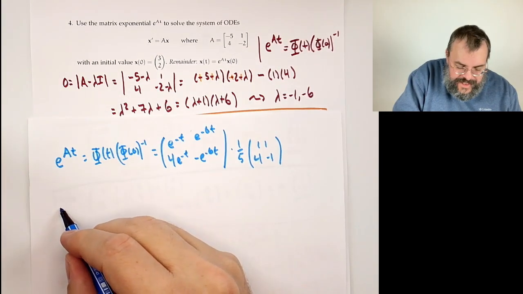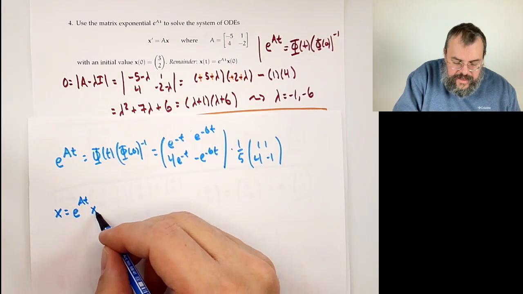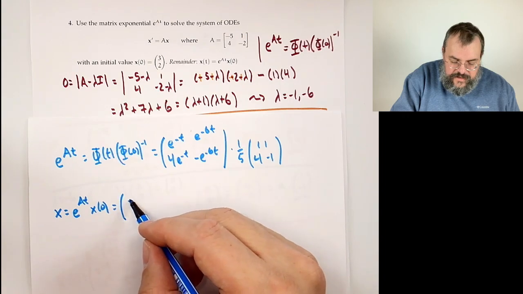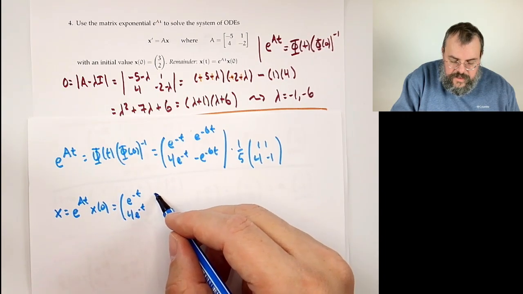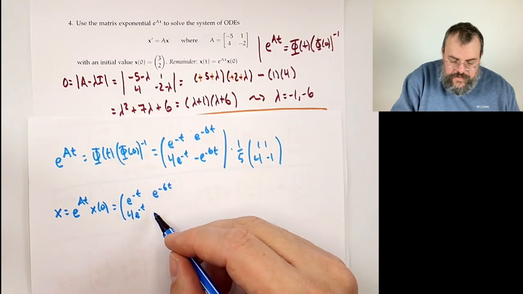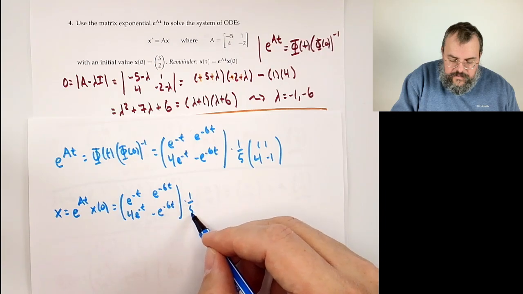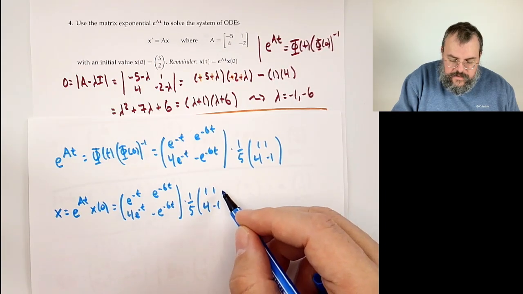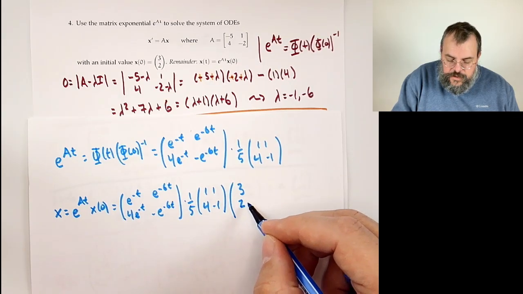So our solution, x, will be e to the at, x of 0. So that is e to the minus t, 4e to the minus t, e to the minus 6t, minus e to the minus 6t. Then there's a factor of 1/5, 1, 1, 4, minus 1, and then 3, 2.